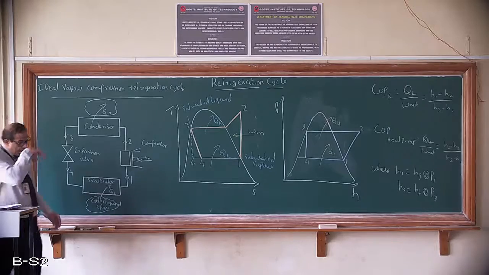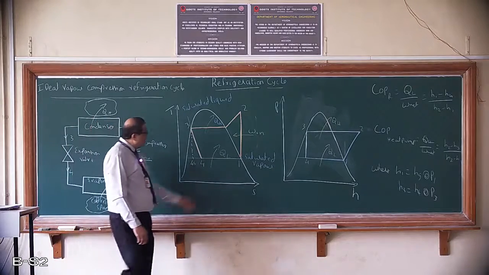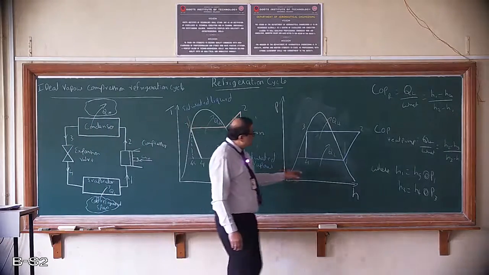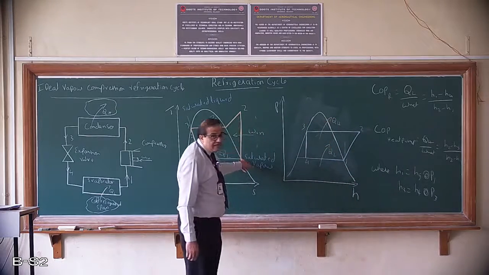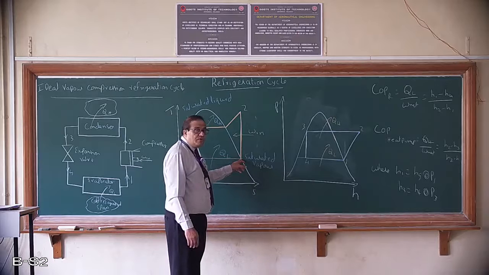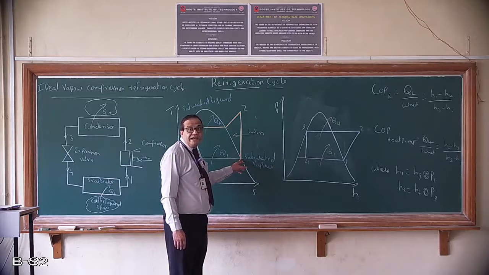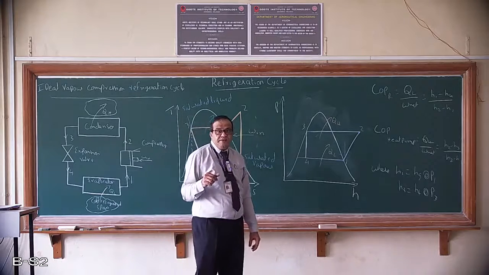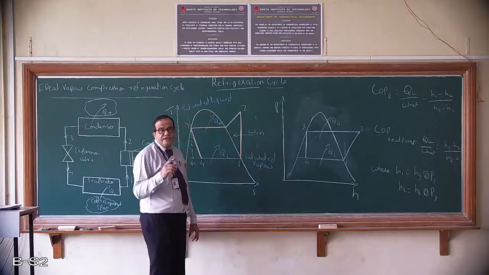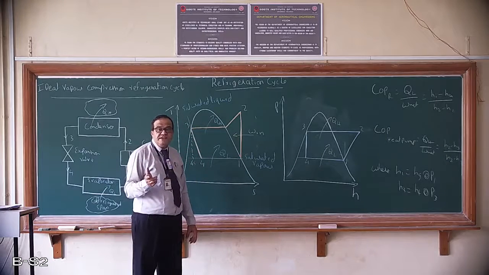Now, please note here, when you are taking the value of 1, this line is at saturated vapor. So, H1 will be at Hg. What is Hg? It is HF plus X into HFG, where X is equal to 1. So HF plus HFG is Hg.